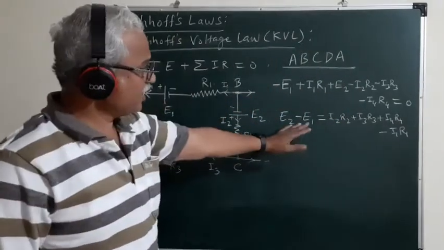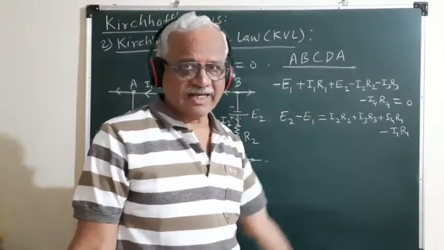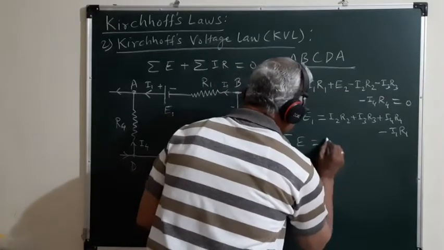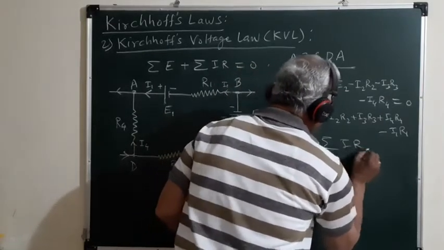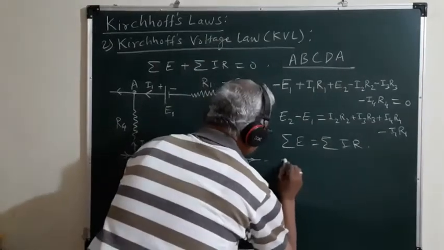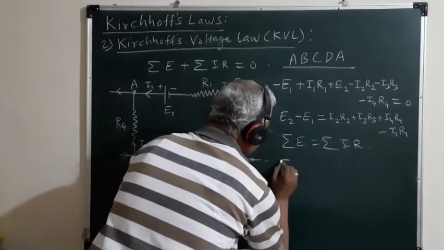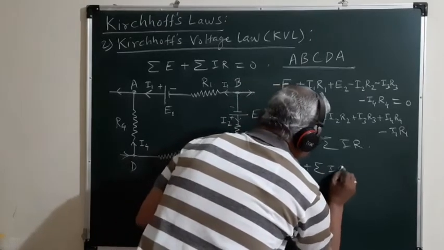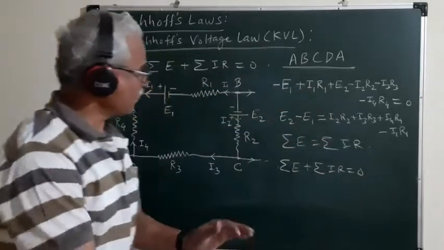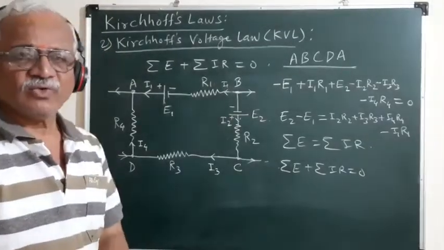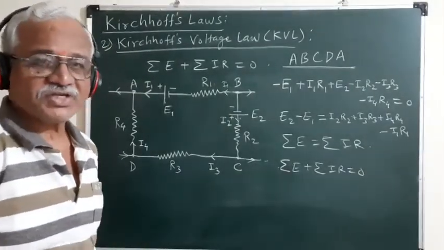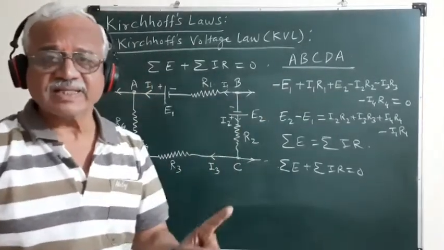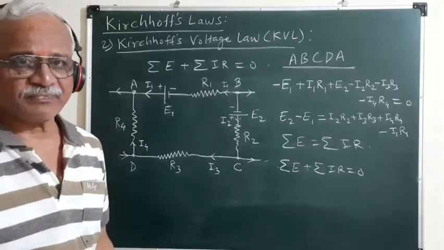So summation E is equal to summation IR, or this is nothing but summation E plus summation IR is equal to 0. So that is how we can write the voltage equation for each and every closed loop existing in the given network, right?